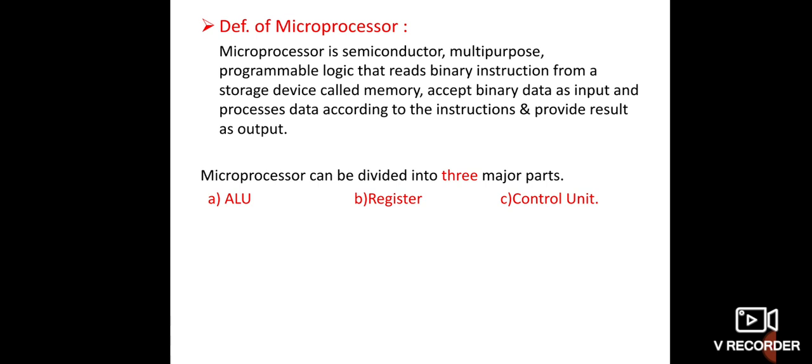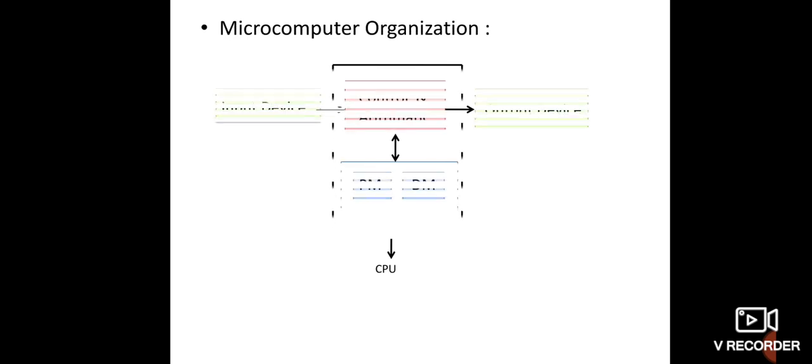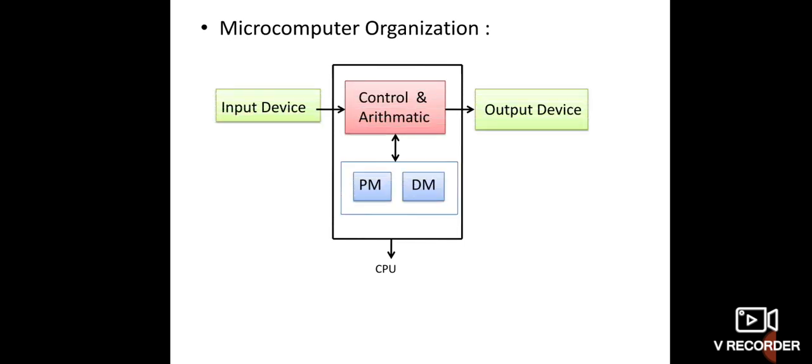Now see, what is the basic structure or basic organization of microcomputer or microprocessor? See this diagram. First one is input device, then in between CPU.